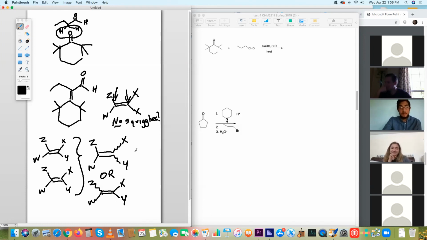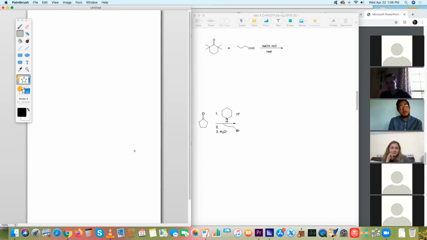All right, let's do another example. I'll do an example of an aldol condensation with that same reagent that I have up the top there. And we'll see if this one needs squigglies or not. I'm going to redraw this down here a bit more, make it a bit easier.